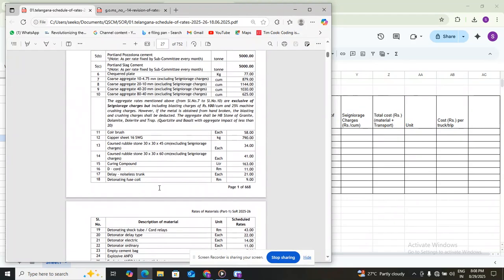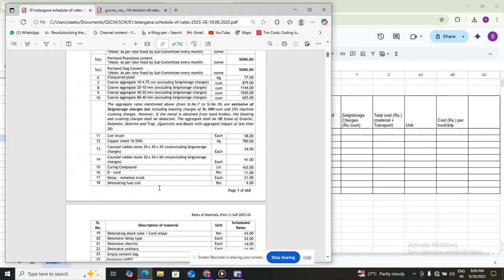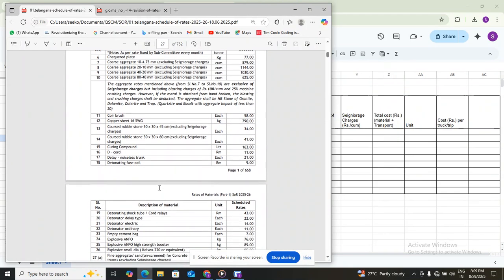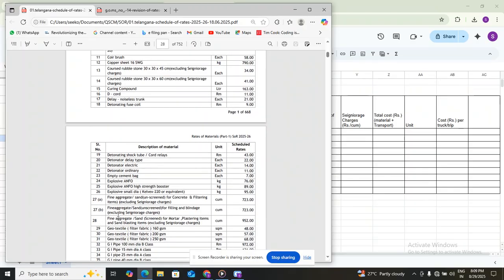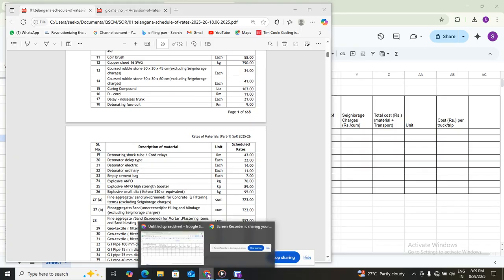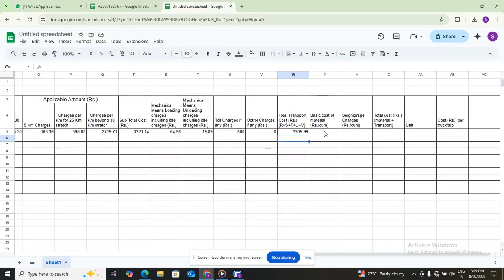Here, on screen, coarse sand is 723 rupees per cubic meter as per the SOR.